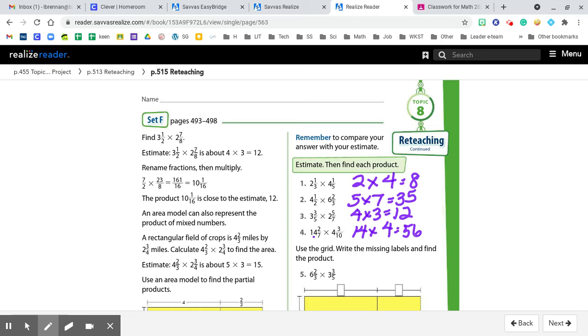Now to find the actual, because it says then find each product. So 2 1/3 times 4 1/5. We're going to turn the mixed numbers into improper fractions, and we're going to multiply.